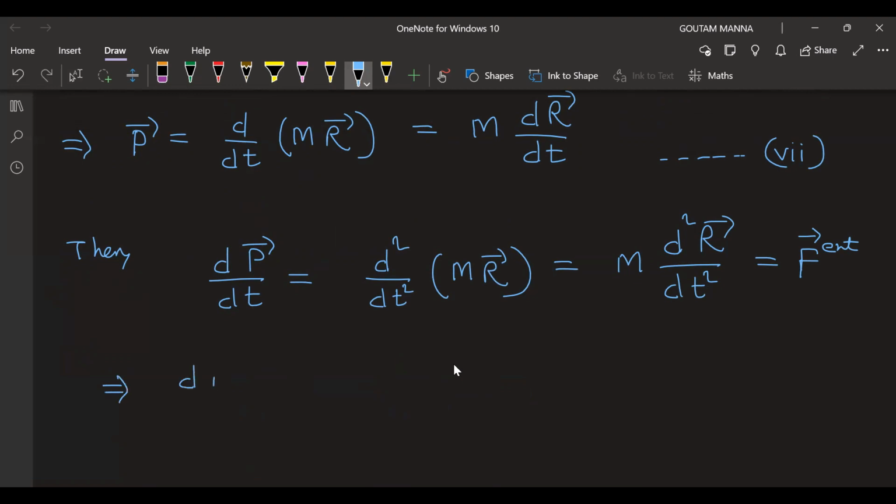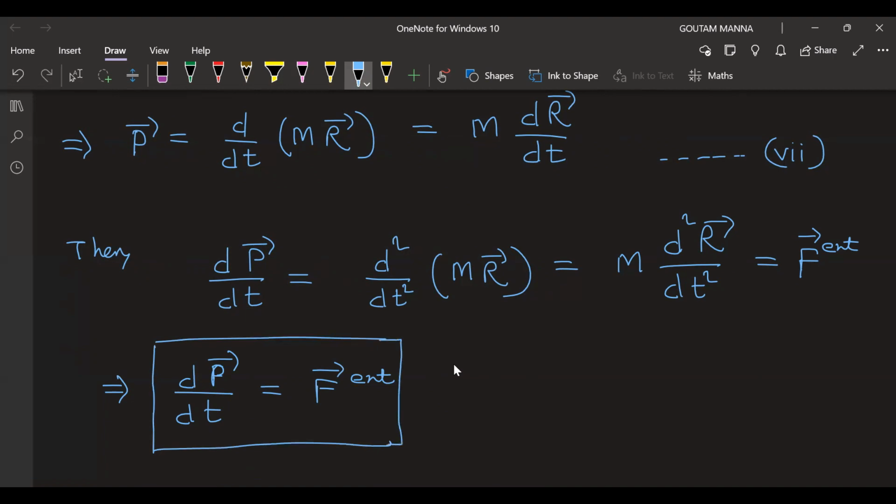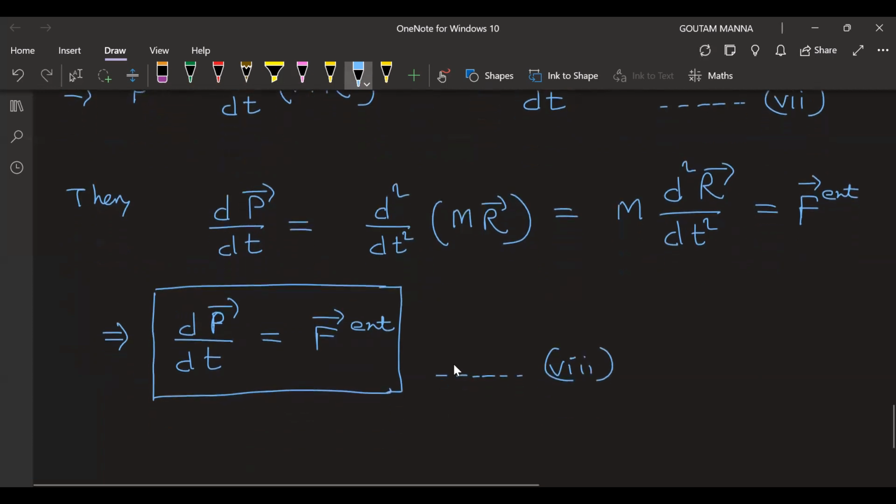So the equation we got here tells us that the rate of change of total linear momentum of the many particle system is equal to the net external force acting on the many particle system.